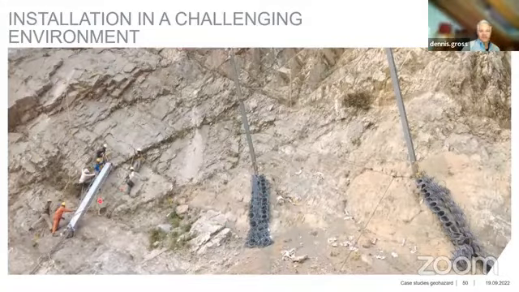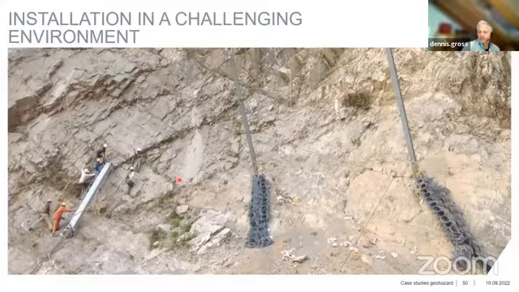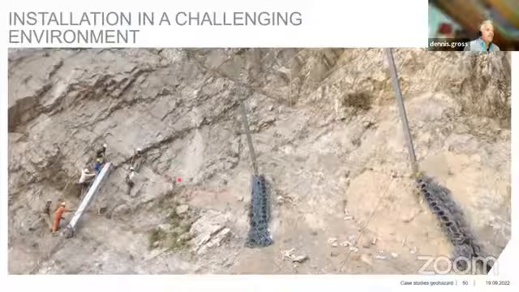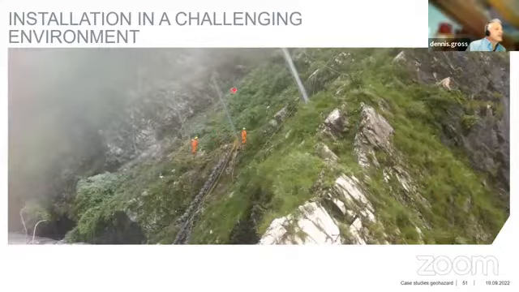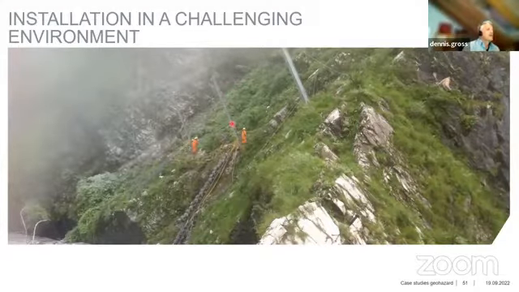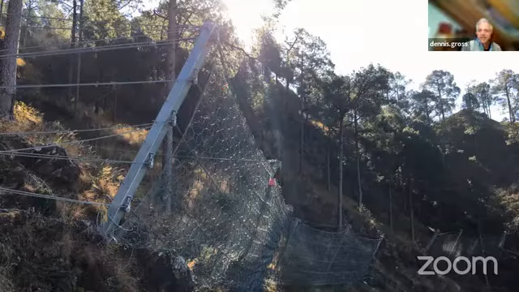Very challenging environment to install. Some of the barriers which have been further upslope had to be carried in 1 or 2 places by hand. This is not the one. I believe here they have been reaching by helicopter, and in other places, which we will see in the next picture.